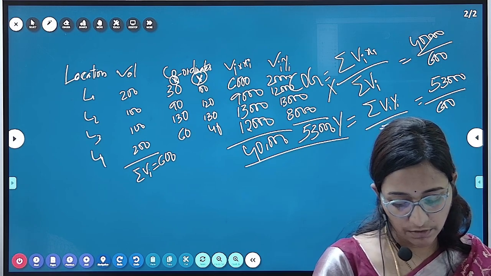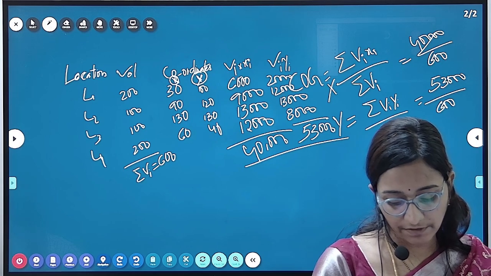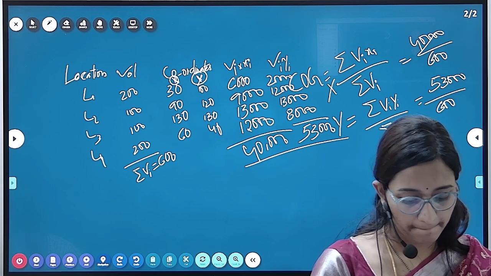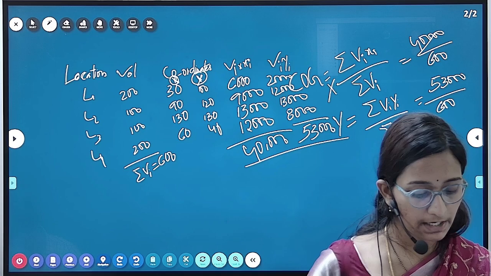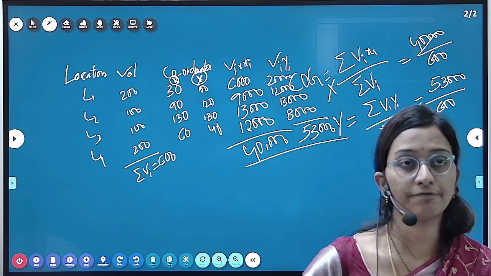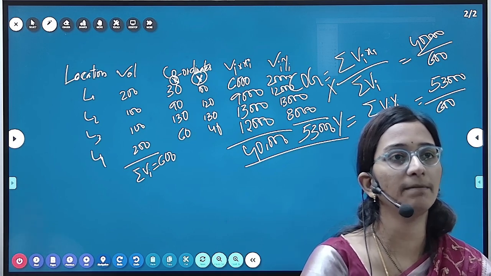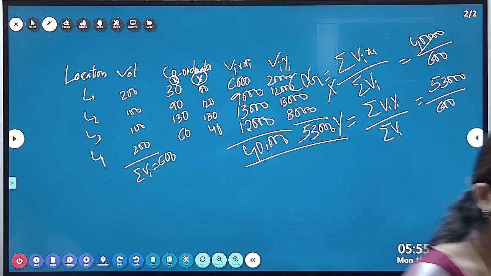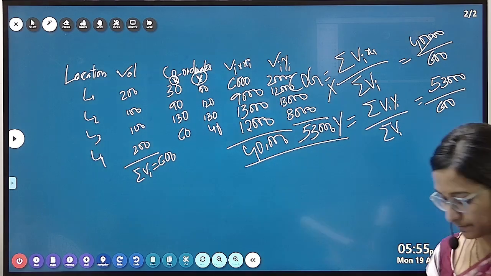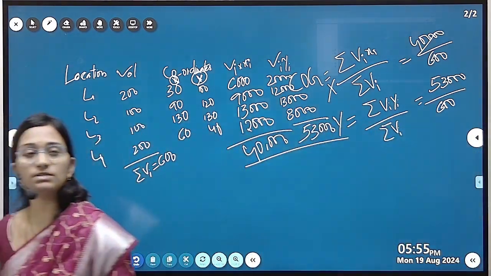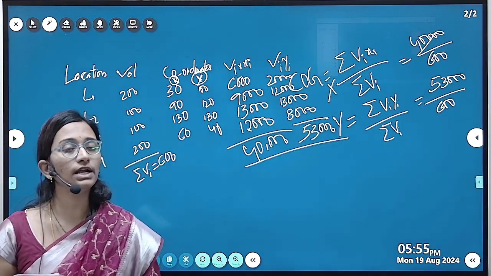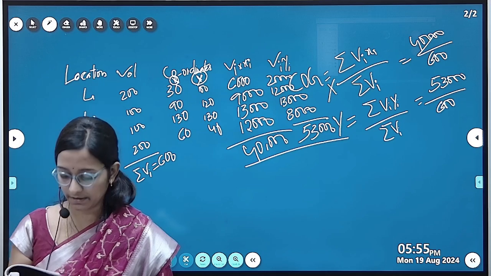What will be the effect of interchanging departments C and F in the layout? So they want to interchange departments C and F, because they are of the same size and configuration.